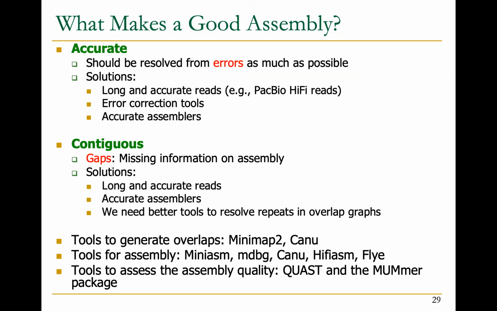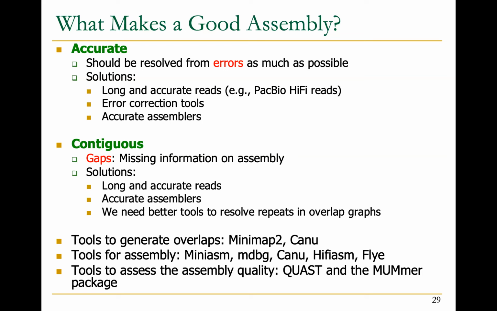And how are you going to assess the assembly that you just generated? You want to make sure that it is as accurate as possible. For that, there are assessment tools such as QUAST or the MUMmer package that will provide some statistics so that you can have an idea of whether the assembly is sufficiently contiguous and sufficiently accurate.